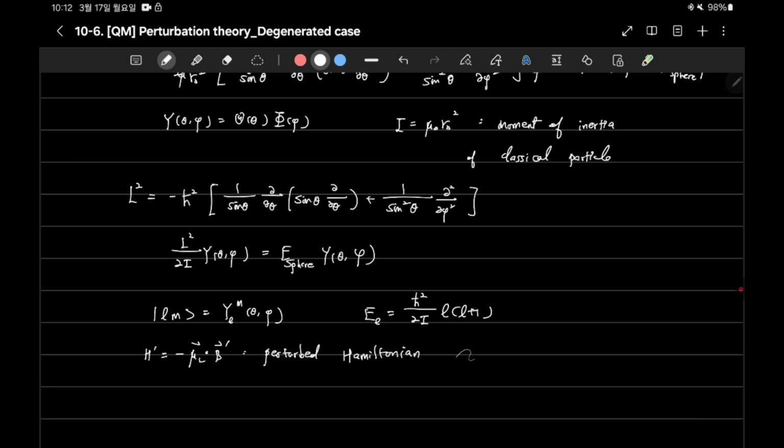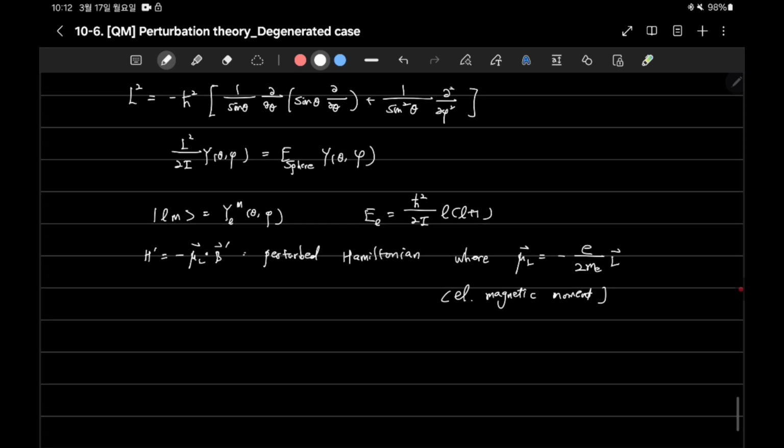Here the electromagnetic moment mu_L is minus e over 2 m_e times L. Then the Hamiltonian can be written as e over 2 m_e times L dot B prime.